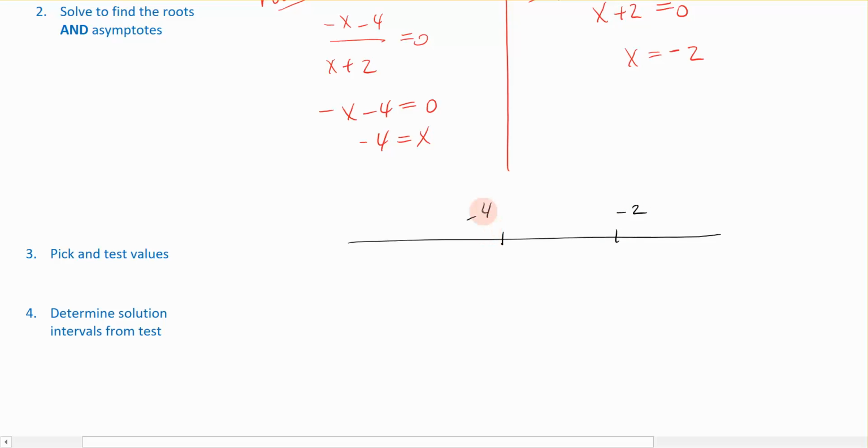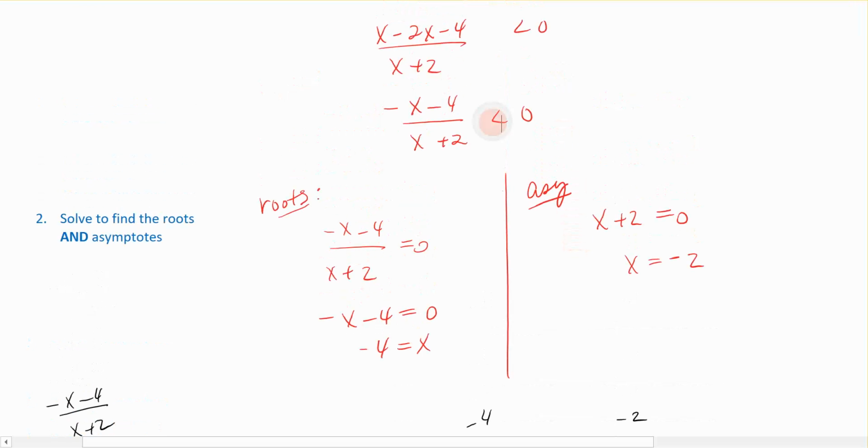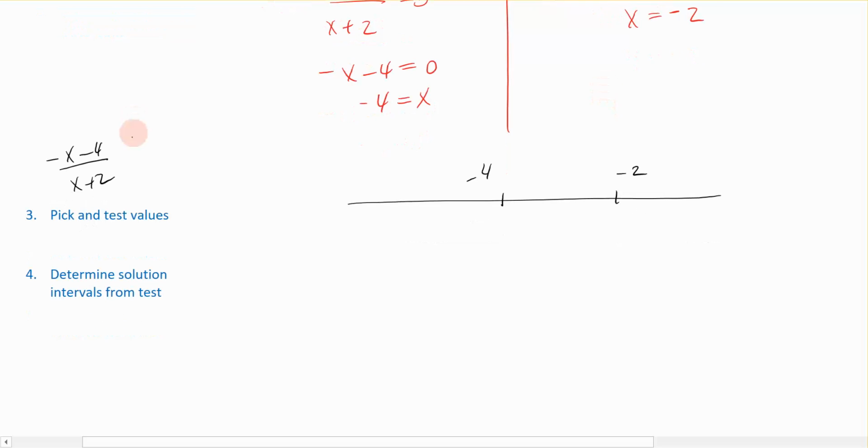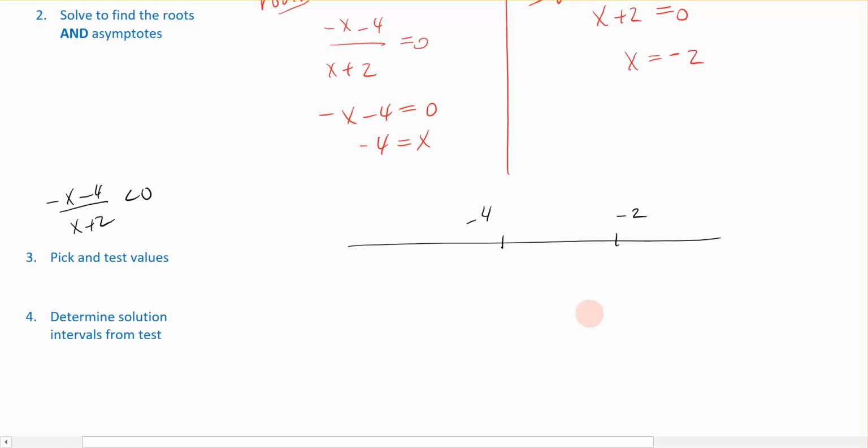Now, I'm going to bring down my inequality that we're looking at again. It's negative x minus 4 over x plus 2, and we're solving for where it's less than 0. Not less than or equal to, just less than 0. So even though this negative 4 is a root to my function, I can't include negative 4 because the symbol doesn't allow me to right here.